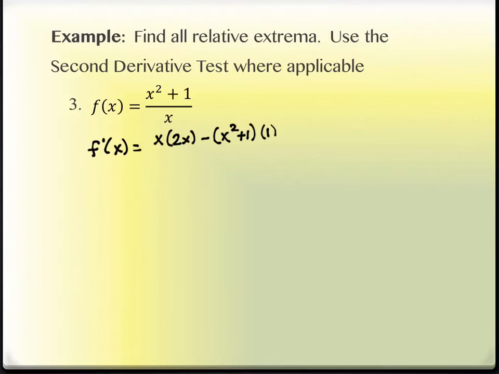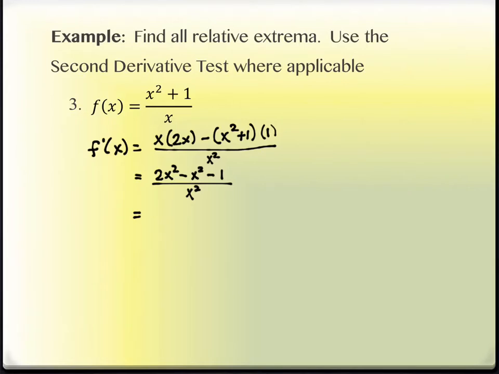Evidently, these notes need a little bit of work. All over the denominator squared. Okay, so we want to clean that up because that's messy. That's 2x squared, and then minus x squared and minus 1, over x squared.